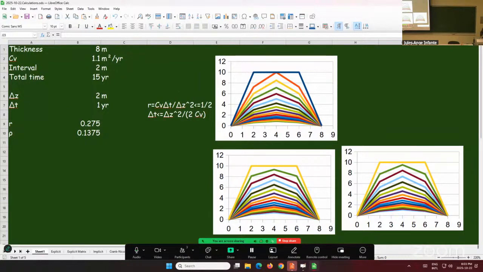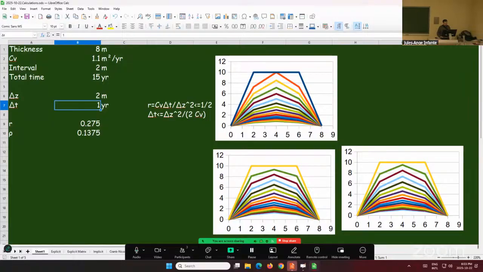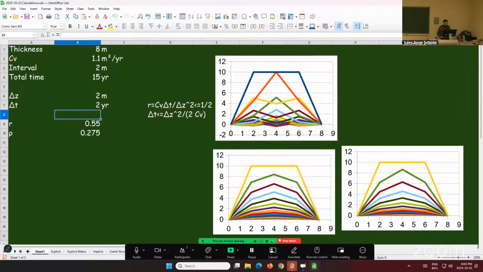Now, what happens if I use a time step that is bigger, say 2 years? Okay. This is what it starts to look like with the explicit method, and the reason why we have the criteria that it should not be more than 1/2. Think of it, it's a little bit related to the speed at which a signal can move through the medium, right?